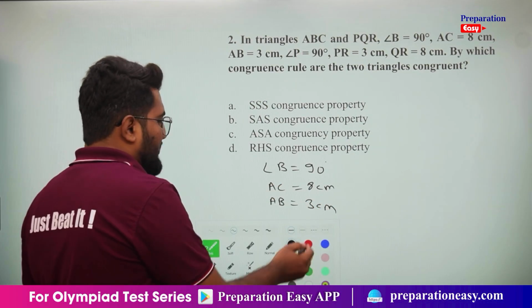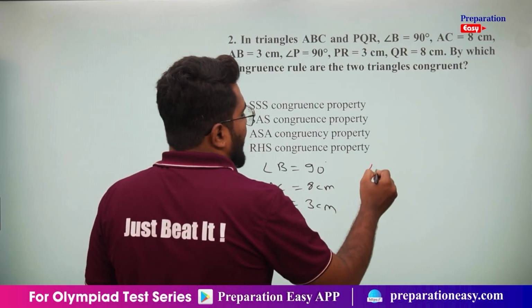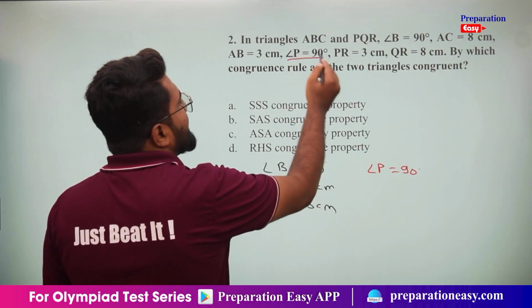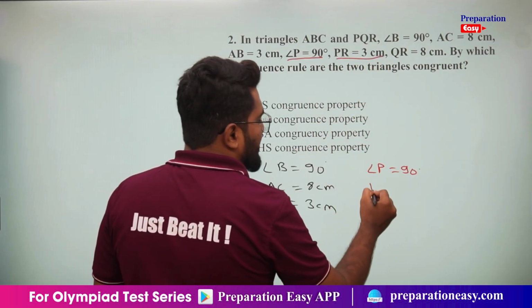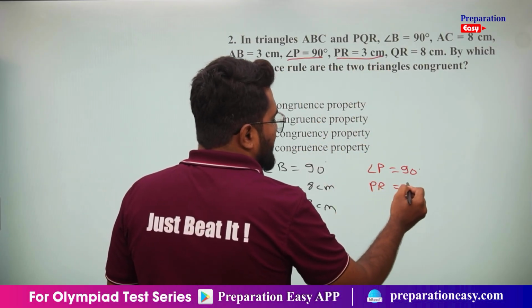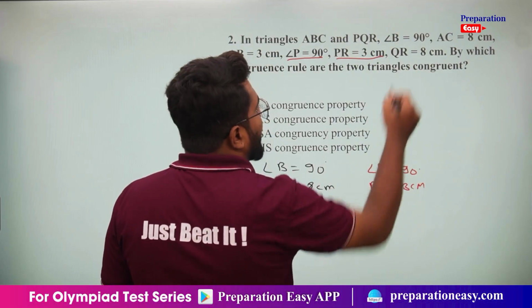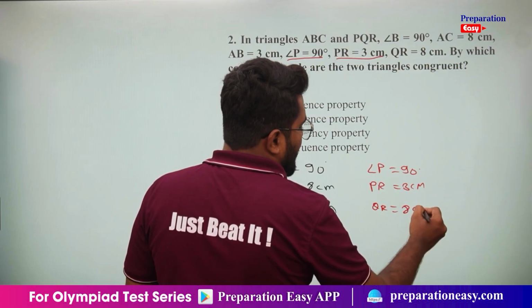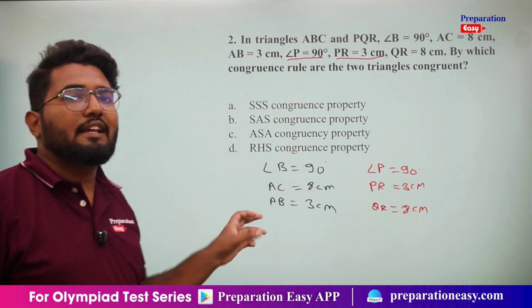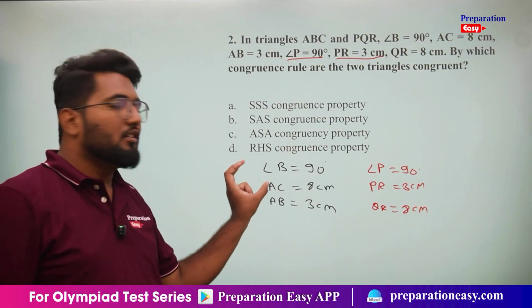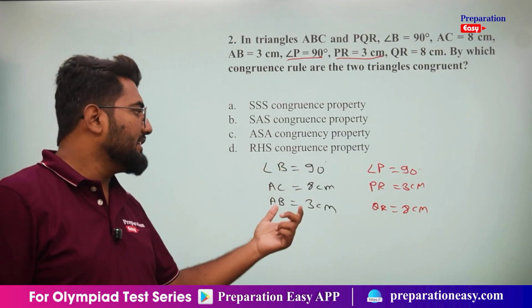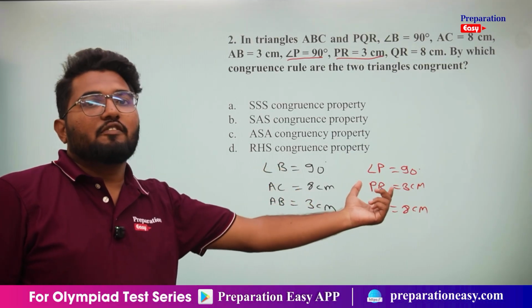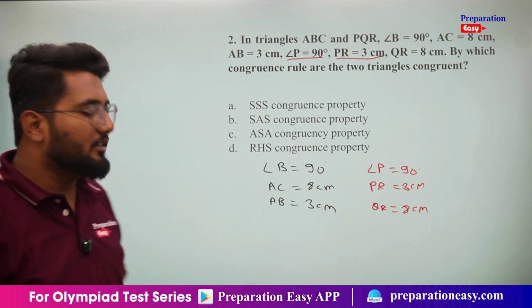For the second triangle, angle P equals 90 degrees, PR equals 3 centimeter, and QR is 8 centimeter. So we have to draw two triangles whose one angle should be 90 degrees, one side should be 8 centimeter and another should be 3 centimeter. Similarly, 90 degrees, 3 centimeter and 8 centimeter.